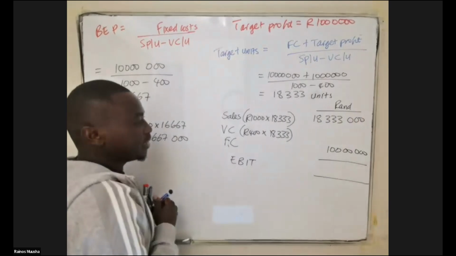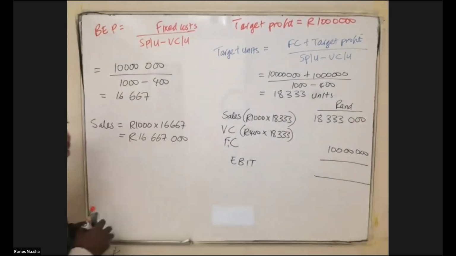And 400 times 18,333, how much do you get? 7,333,200.